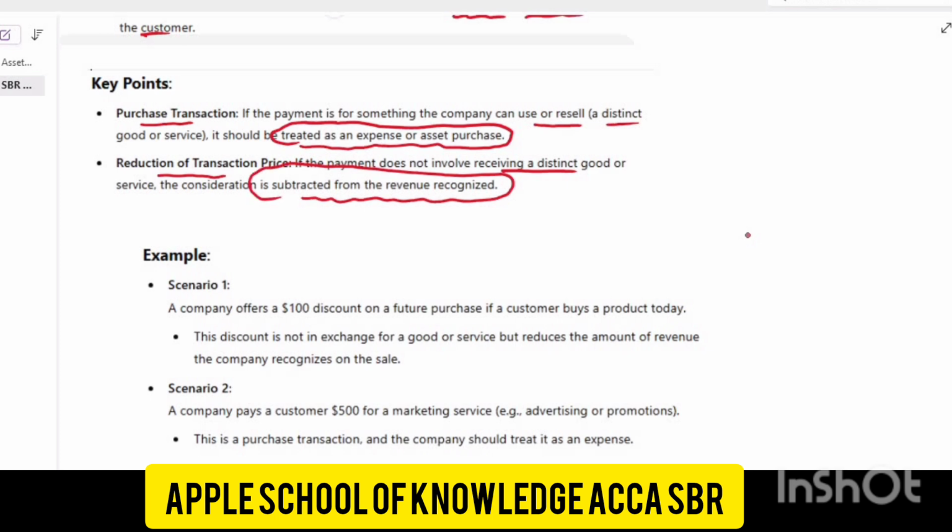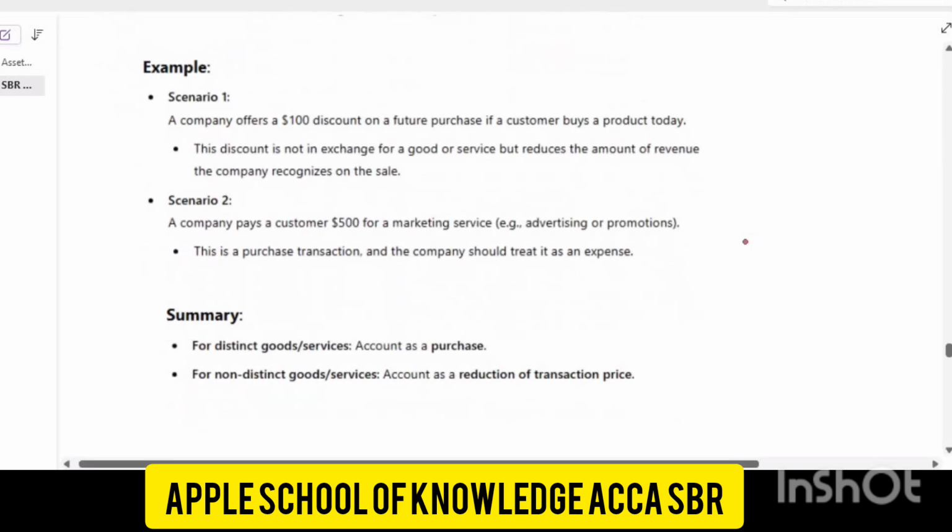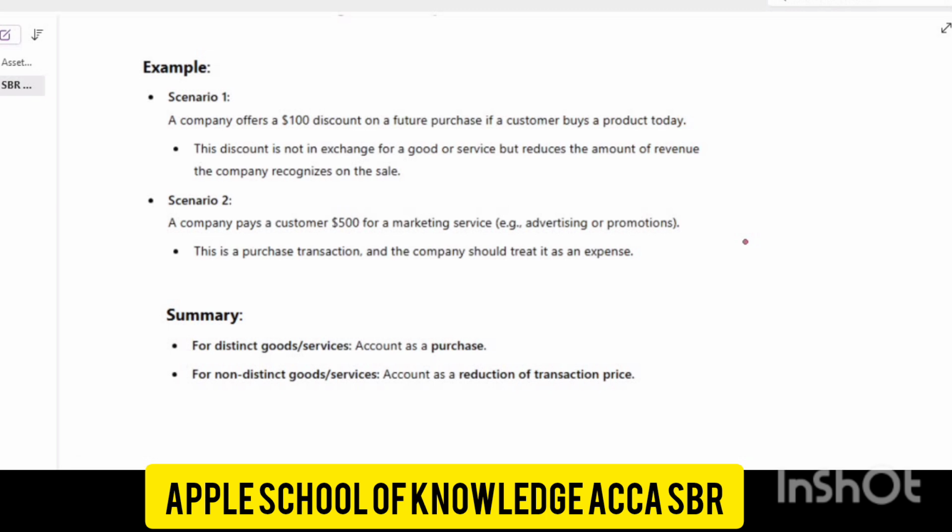Okay, so let me give you an example here, then you will understand it better. You see here, a company offered a $100 discount on a future purchase if the customer buys a product today. So the discount is not an exchange for goods and services, but reduces the amount of revenue the company recognized on the sale.